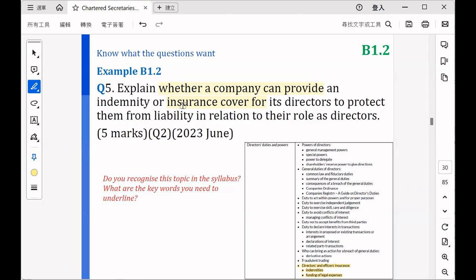So we can go on with a lot of these examples of under what circumstances a company could indemnify a director or not indemnify a director.